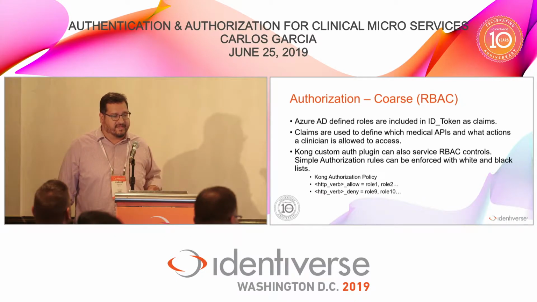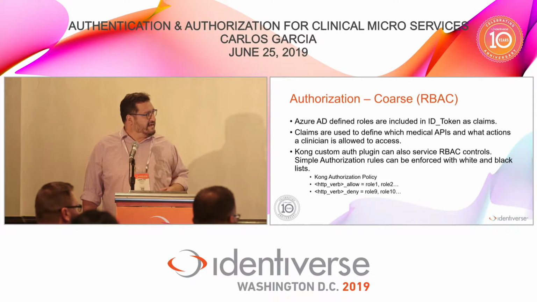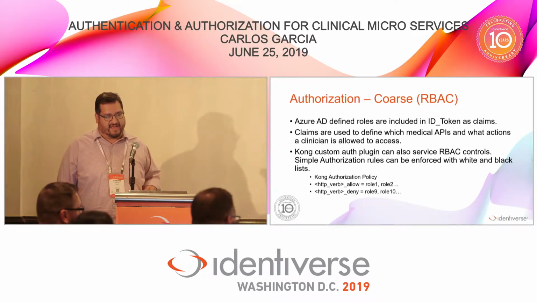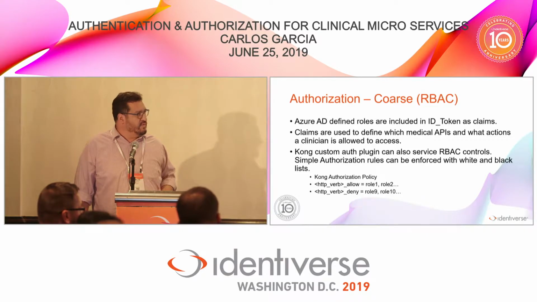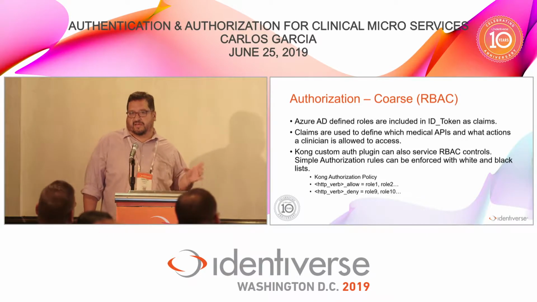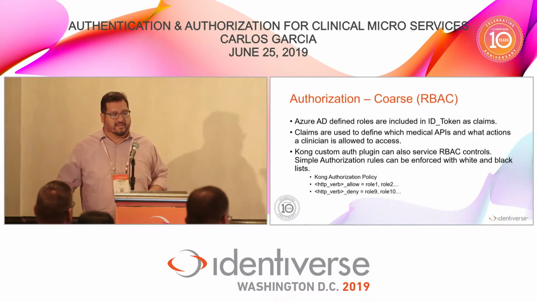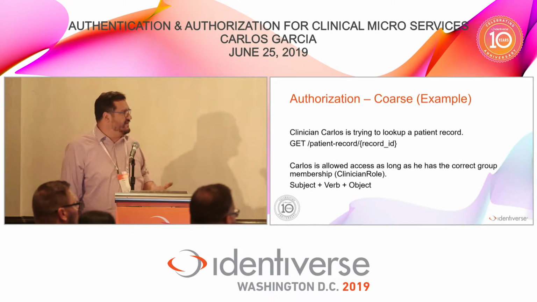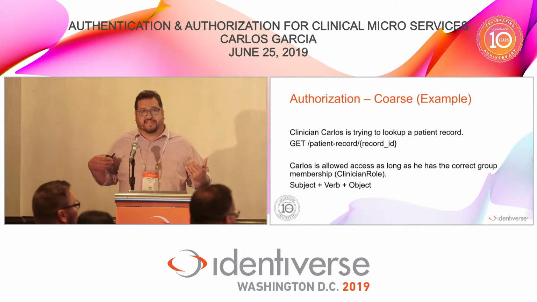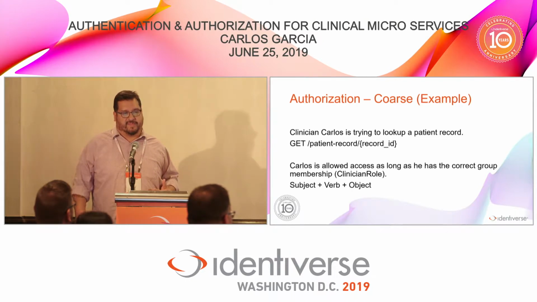So this same custom plugin that I created, we put some really rudimentary ABAC controls within it. For example, we have both white and black lists that basically say, hey, if you have this role, you're able to do a get, a put, a delete on this particular resource. So again, I'm part of a doctor team, a nurse who's part of a team that wants to look up a patient record.